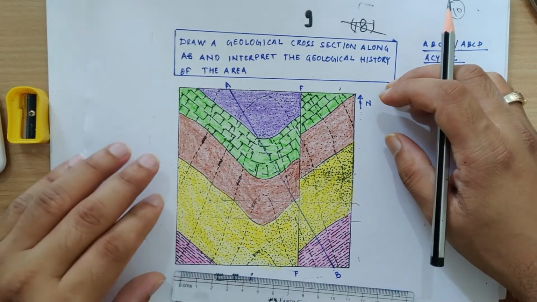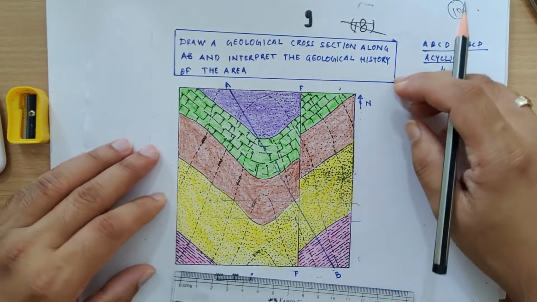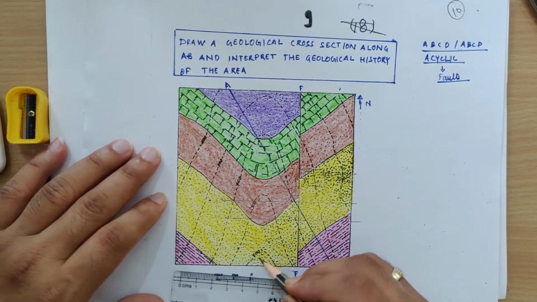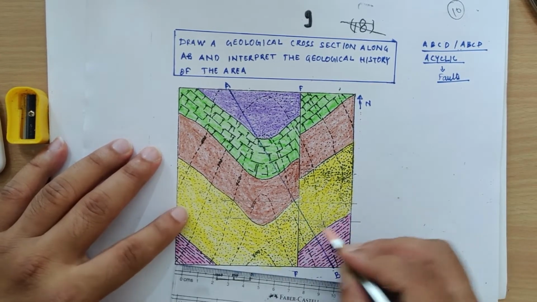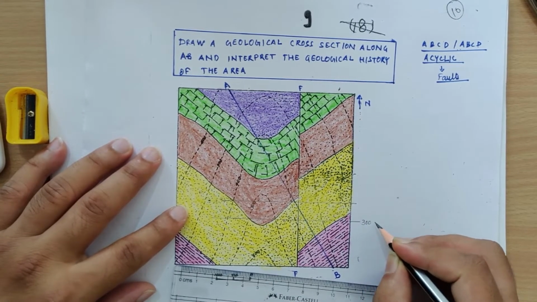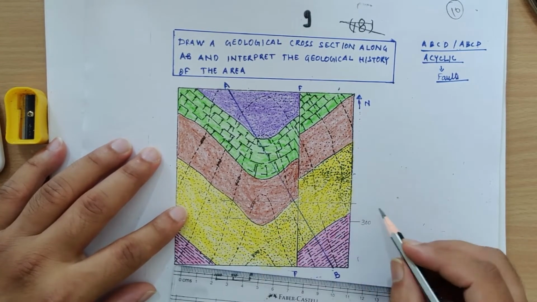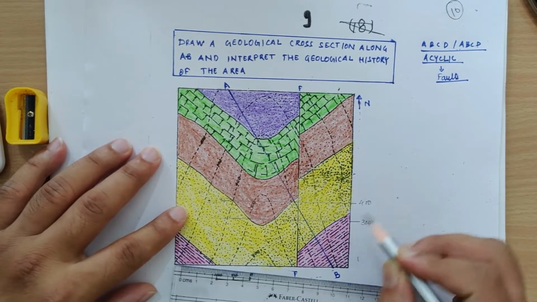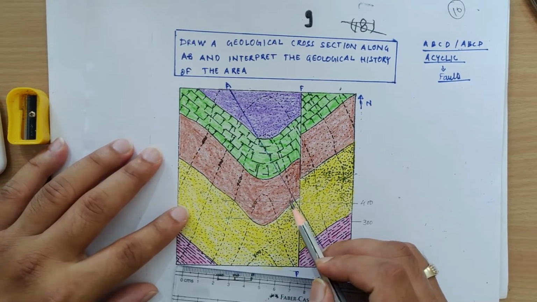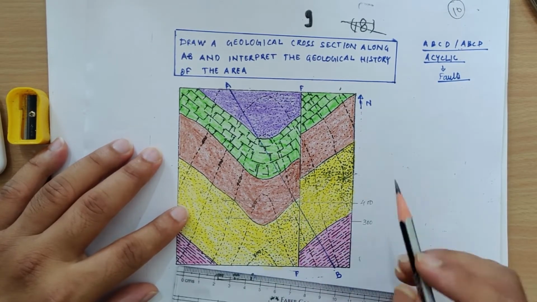Any of the traces you can choose, and just draw two consecutive strike lines. So this is 200, this is 300. So this strike line value will be 300 feet and this will be 400 feet, because this is drawn by joining 2 points on the same trace with contour value of 400.